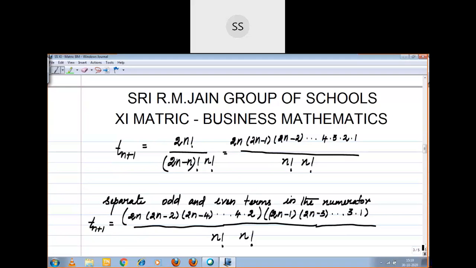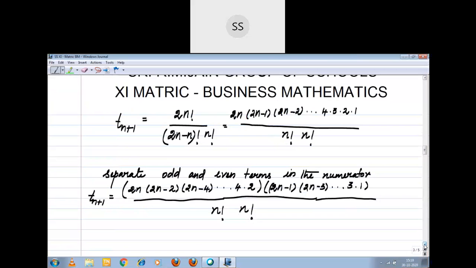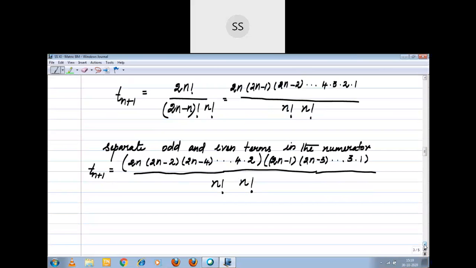Next I am going to write the odd term: 2n minus 1, 2n minus 3, etc., 3, 1. The whole thing divided by n factorial into n factorial, right?